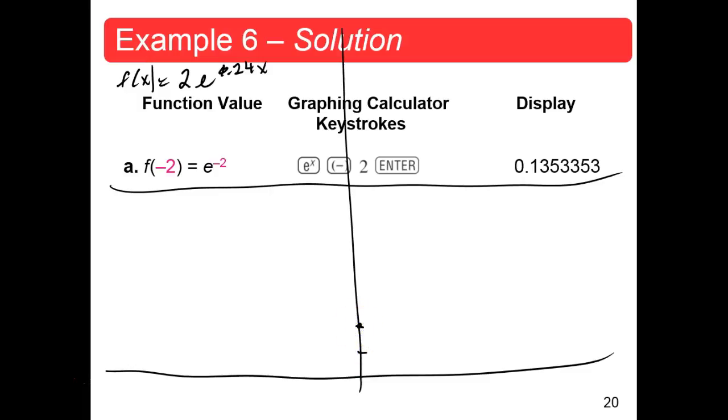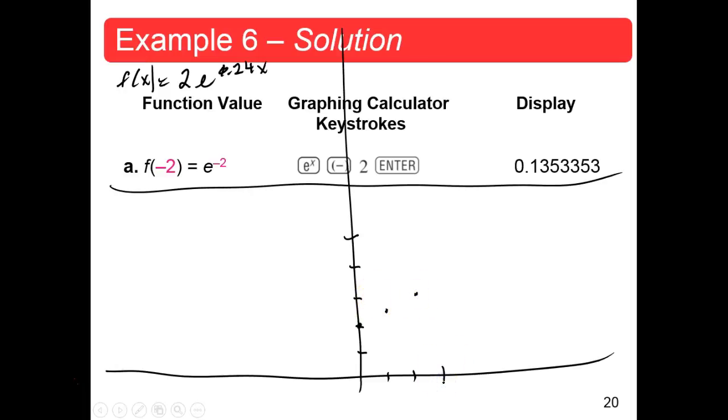How about at 1? 2 times e to the 0.24 is 2.54, that'd be something about like there. At 2, it's 3, pretty close to 3.